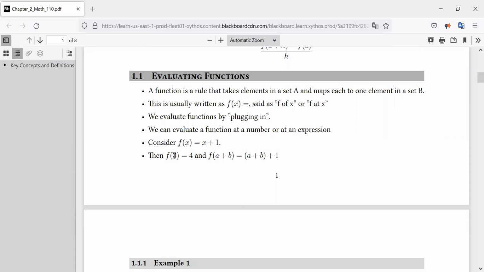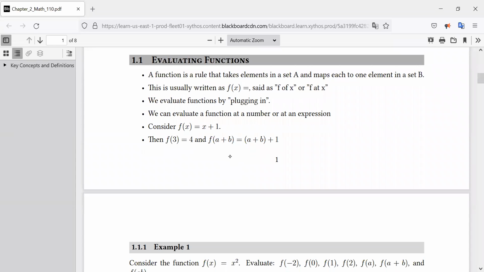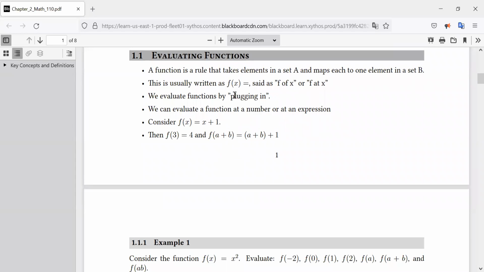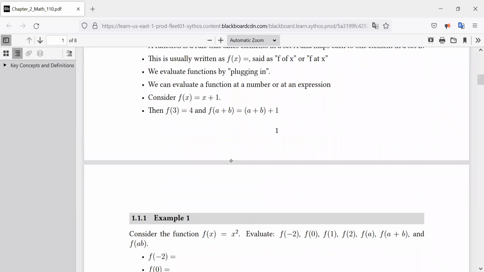If I want to evaluate f of x equals x plus 1 at 3, then I just replace everywhere I see x with 3. And I can even do that with something a little bit abstract, like I can replace it with a plus b, two other variables. It's still just wherever I see an x, I replace it with a plus b.